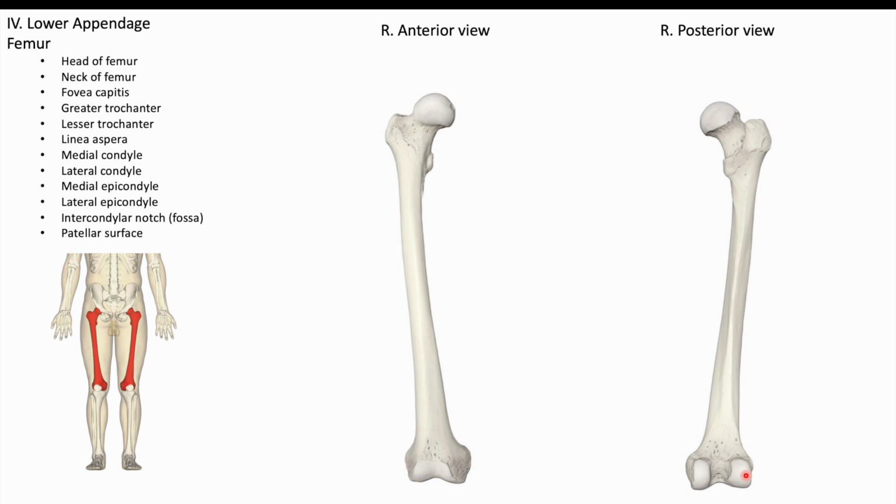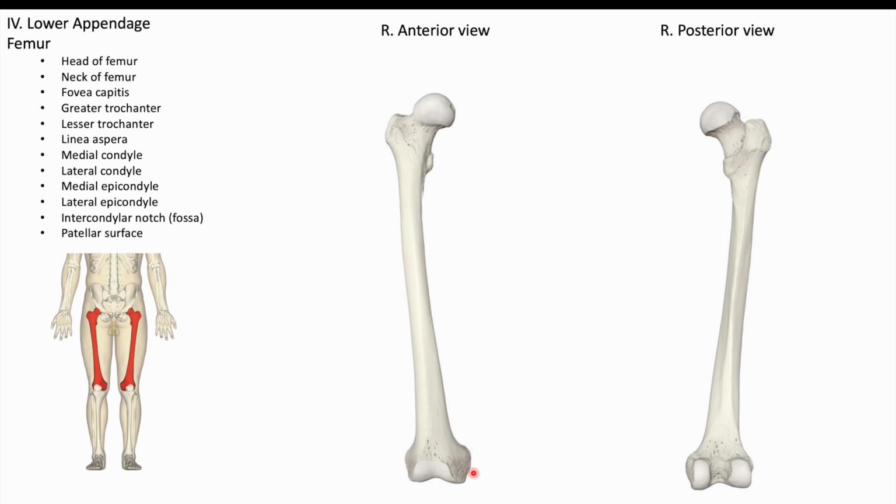This is going to articulate with the condyle of your tibia to help flex and extend the knee joint, and we'll talk about the tibia bone later. Now, in addition to those condyles, there's going to be the epicondyle. There's also the medial and the lateral epicondyle.